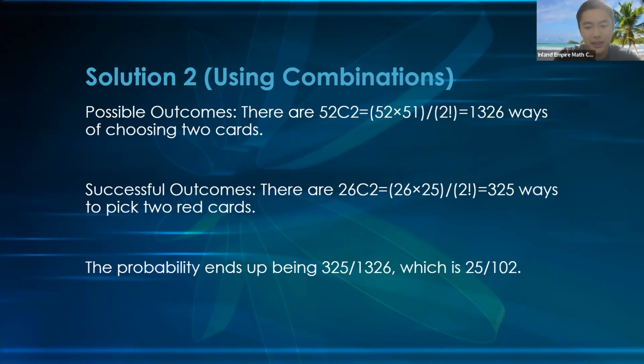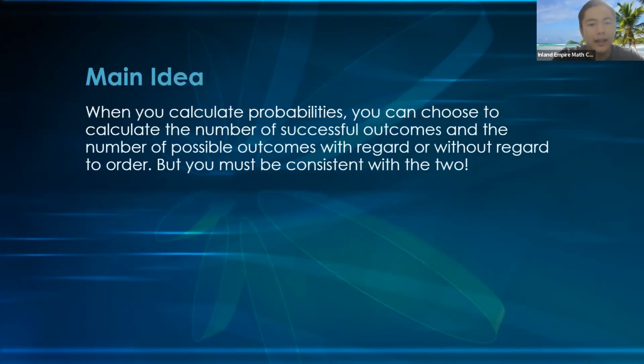The only thing that matters is the 2 cards in your hand. So what's the main idea here? When you calculate probabilities, you can choose to calculate the number of successful outcomes and the number of possible outcomes with regard or without regard to order. However, you must be consistent with the 2.